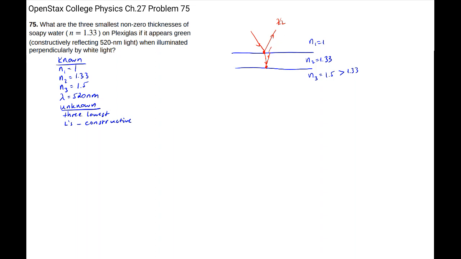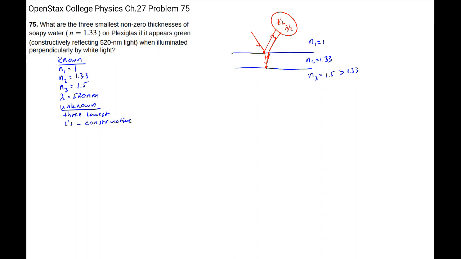So this beam will still carry with it a lambda over 2 phase shift, which tells us that the two reflected beams from the top and bottom of the thin film are interfering constructively. So we do see the reflection that comes from the top and bottom of the thin film.